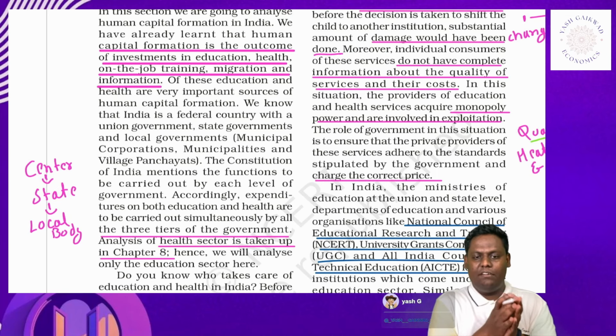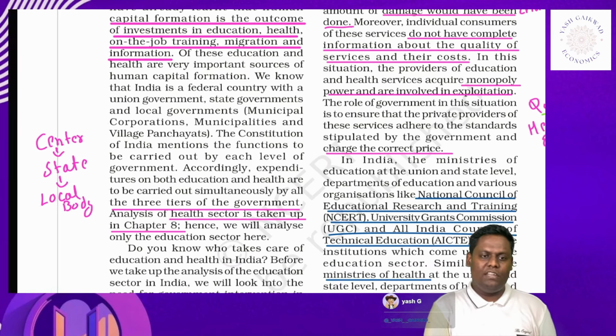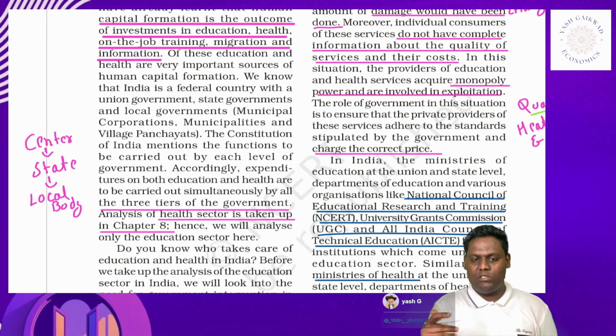Then you have state governments which make policies for the boundaries of that particular state, catering to the needs of that particular geographical location. And at a very micro level, you have various local bodies such as municipal corporations and panchayats which make policies for the local area.